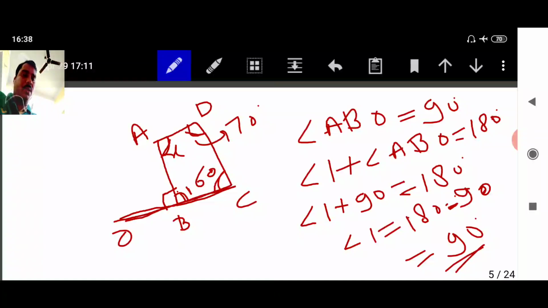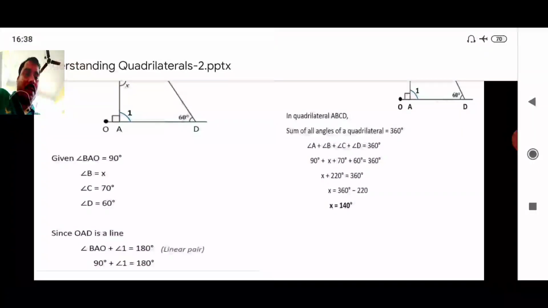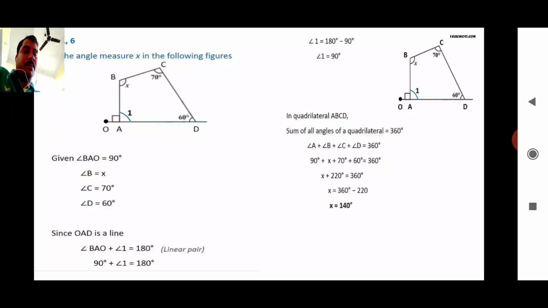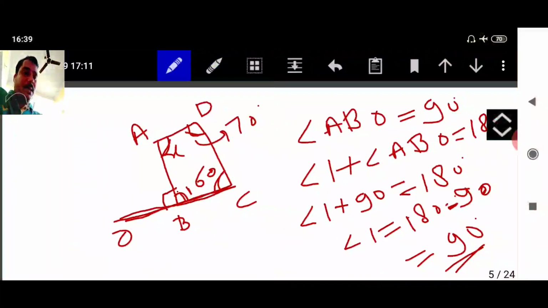Then apply the angle sum property, means angle 1 plus angle x plus angle 70 plus angle 60 equal to 360. We here apply in a quadrilateral ABCD, the sum of all angles of a quadrilateral is 360. Angle A plus angle B plus angle C plus angle D equal to 360, and we have angle A equal to 90 plus x plus 70 plus 60 equal to 360, and hence we get x equal to 140.